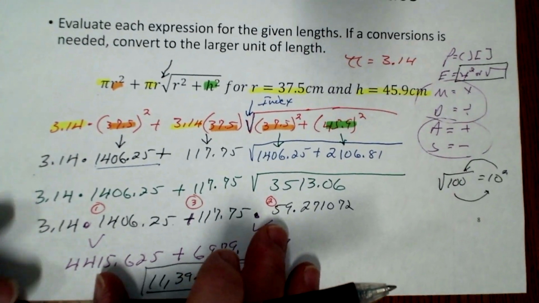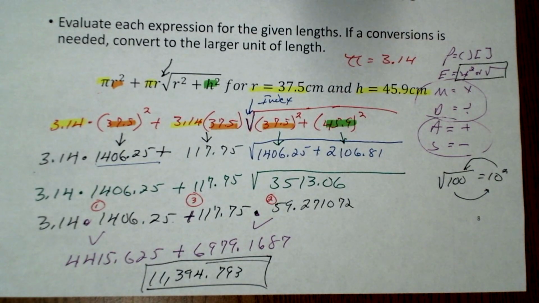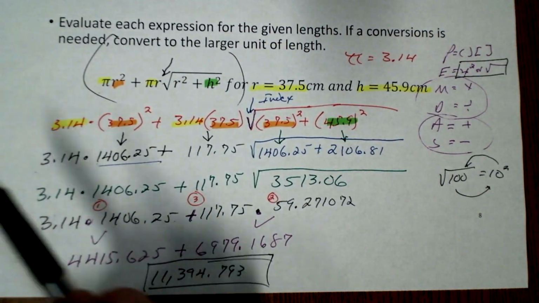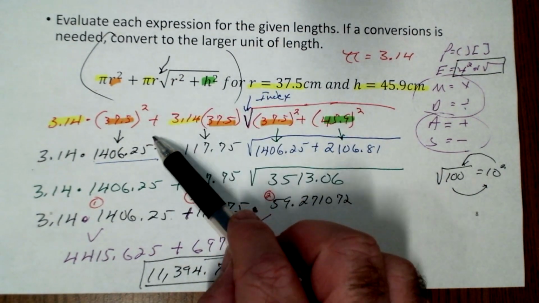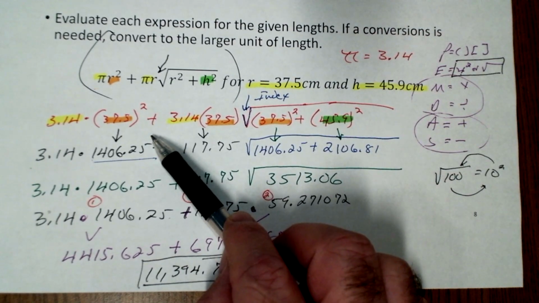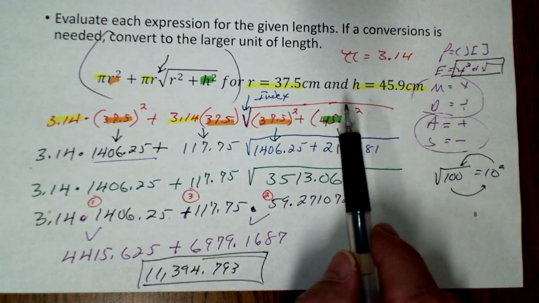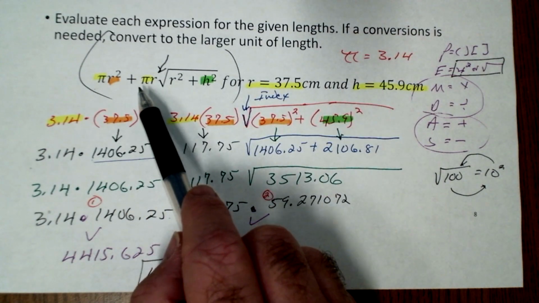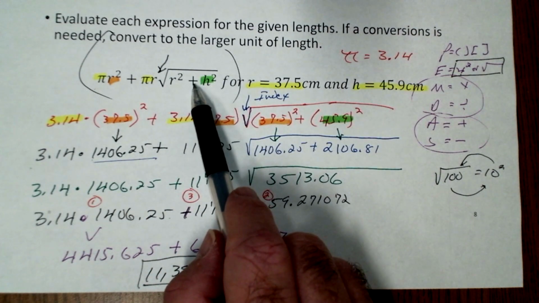A lot of stuff, if you will. When you have problems like this, the first thing you're going to do is take the values you're given and plug them in. Then you're going to realize you have several different operations. You have multiplication, you have exponents, you have radicals, you have addition.